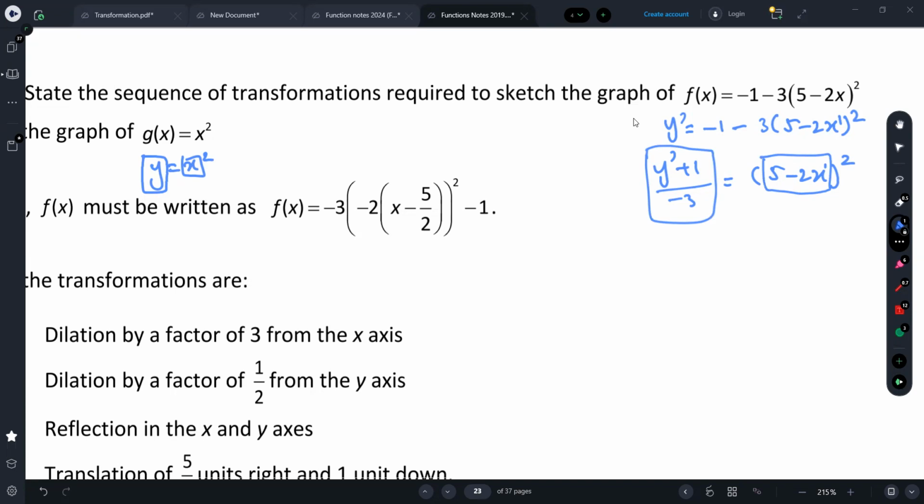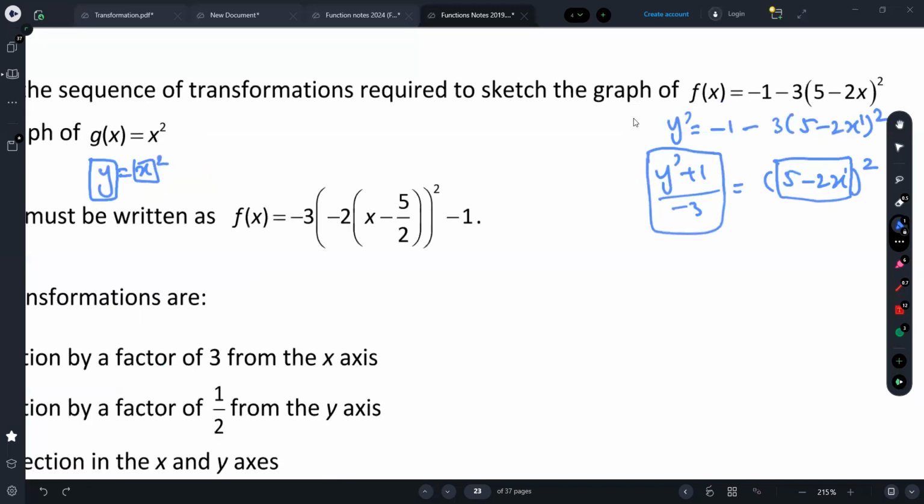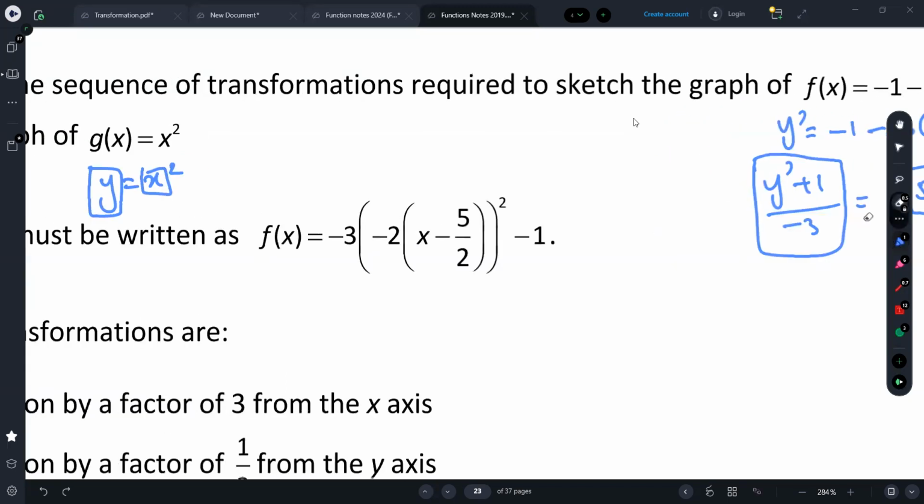Let me emphasize this again. If they both have something that is equivalent, like if I had a 2 here, and I also had a 2 here, then it's okay. I can still compare these, because everything that's beyond them is still the same, right? That's okay, right? So whatever you're comparing, you can compare.